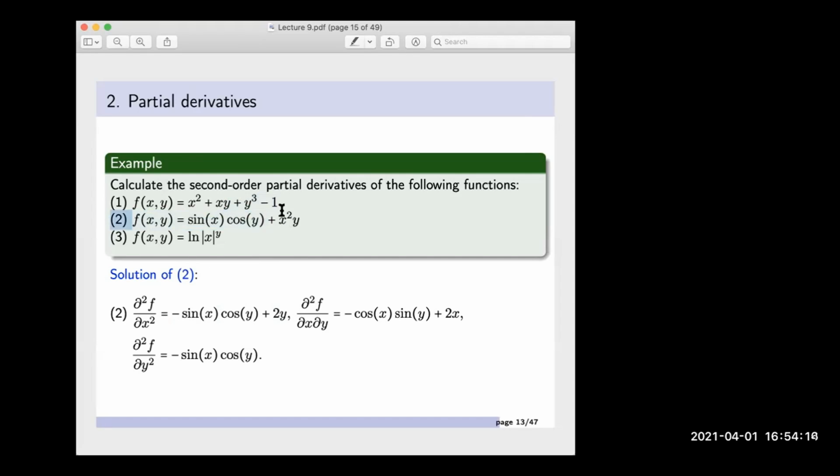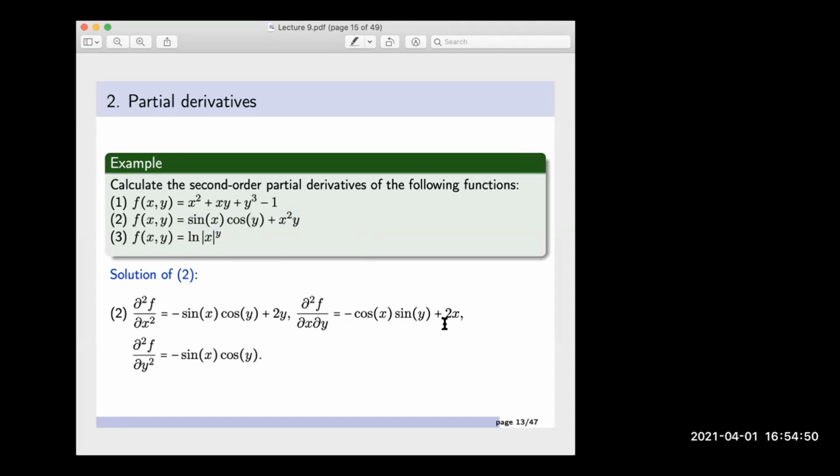The mixed second order partial derivatives are obtained by first taking the partial derivative in x and then the partial derivative in y. For the first term, if you take a partial derivative in x, you get cosine x cosine y. If you take a partial derivative in y, you get a negative sine y. That's why you have this negative sine y. Similarly, here if you take a partial derivative in x, you get 2xy, and then a partial derivative in y gives 2x.